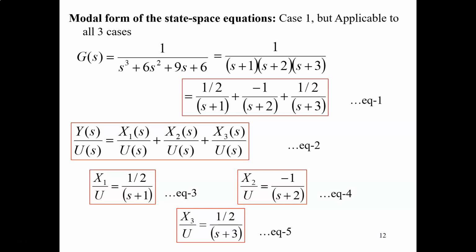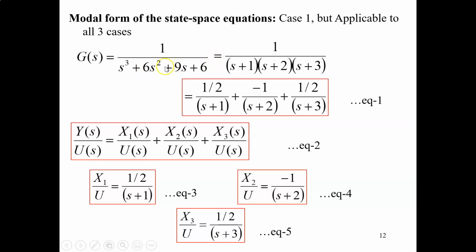We can also do it in the state space form. State space form actually, we do not have to use different cases, because whatever format we get out of the transfer function, we do partial fractions. We separate them into 3 different states. Okay, like the first example, 1 over s cubed plus 6s squared plus 9s plus 6. Now that's a third order, but effectively this is s plus 1 times s plus 2 times s plus 3.